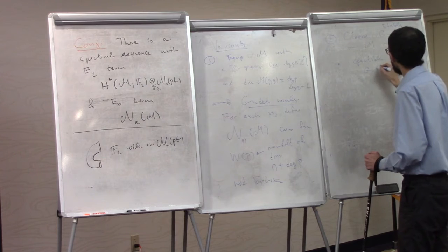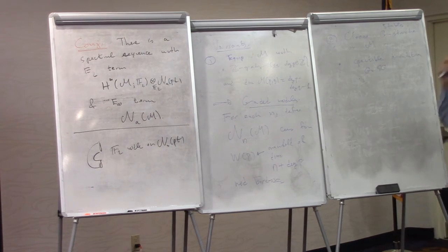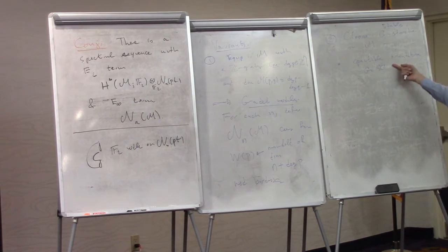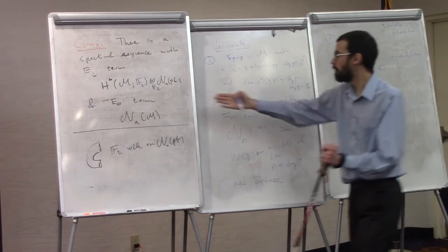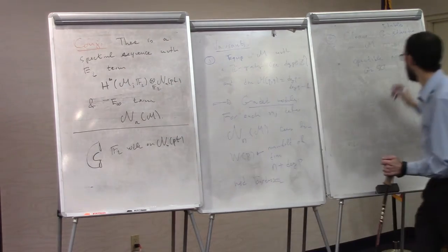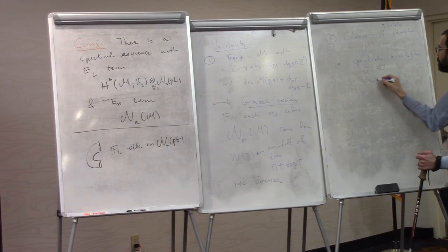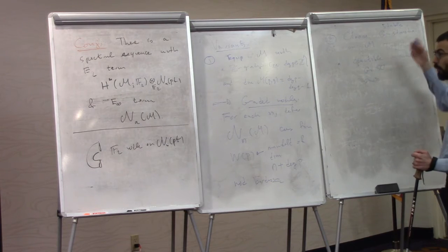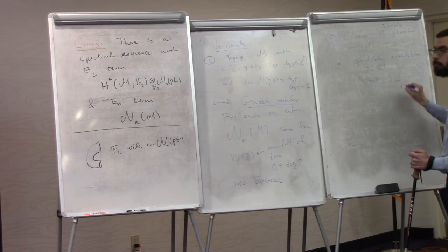So that's G equals SO. And so what this will mean is, instead of having an unoriented bordism group, you will have an oriented bordism group.